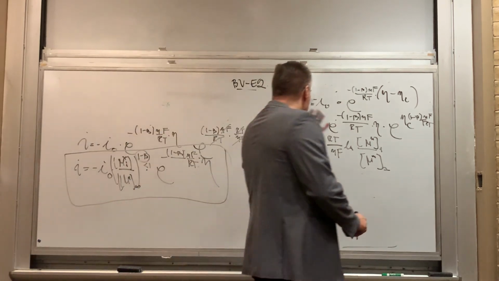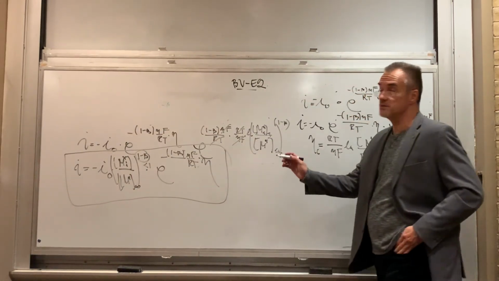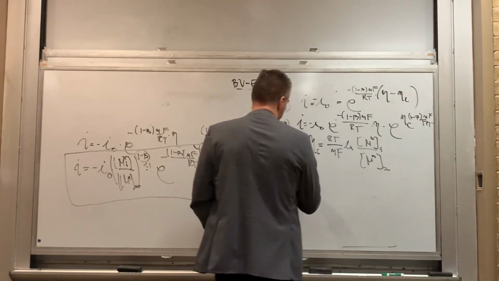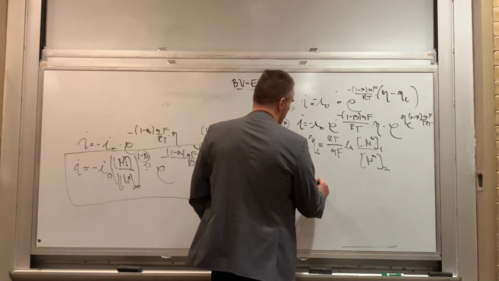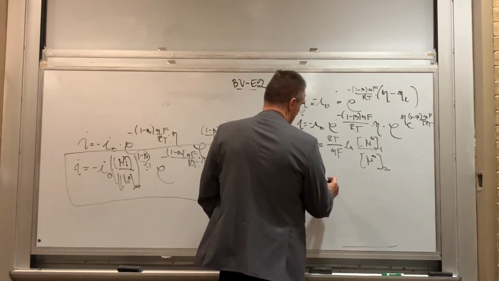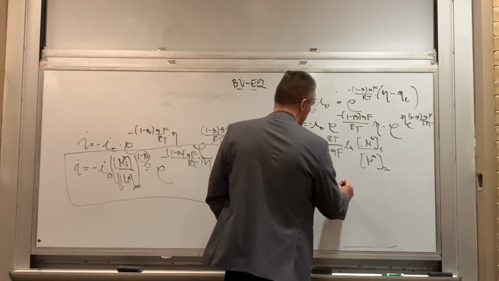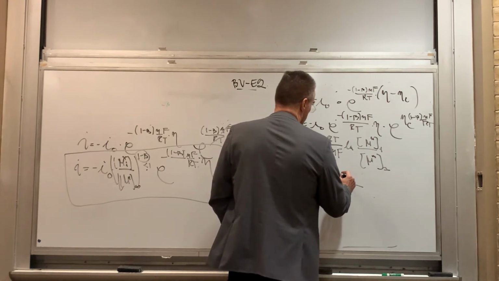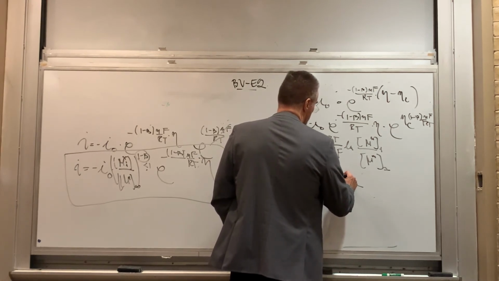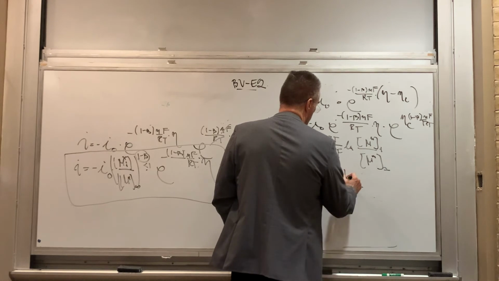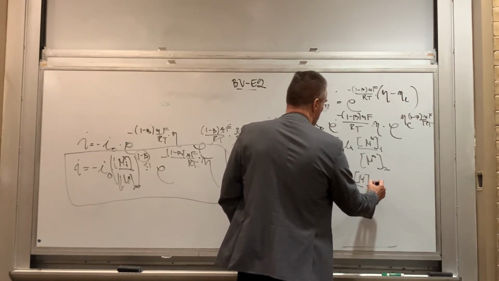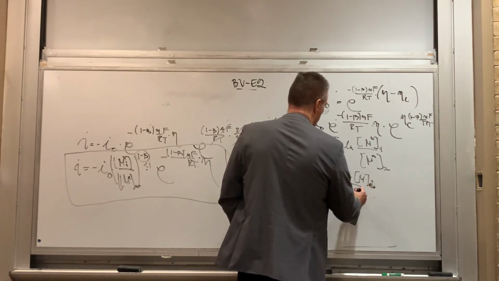If you look at our diffusion equation that we discussed, I said that the diffusion current is minus nFD times C_M, the concentration at the bulk, minus C_M, the concentration at the interface, over delta.